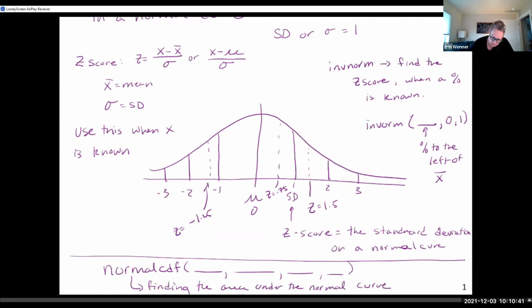This is our lower bound, this is going to be our upper bound, and then this is always going to be 0 because that's the mean on the normal curve. The second part is going to be 1 because that's the standard deviation on the normal curve. So all of this information is what we're going to use to solve these problems.